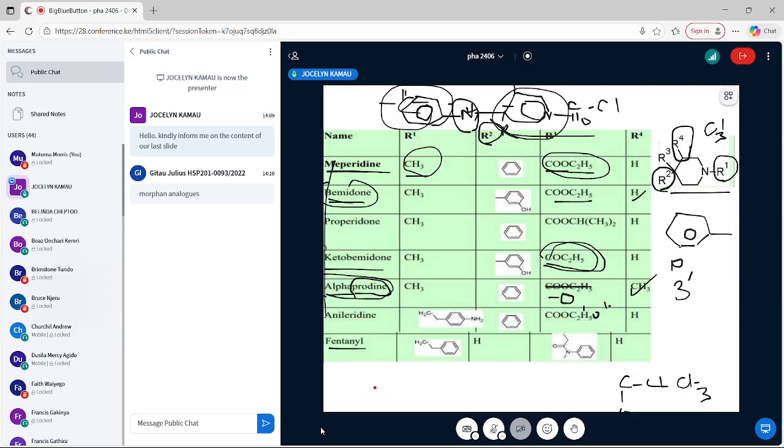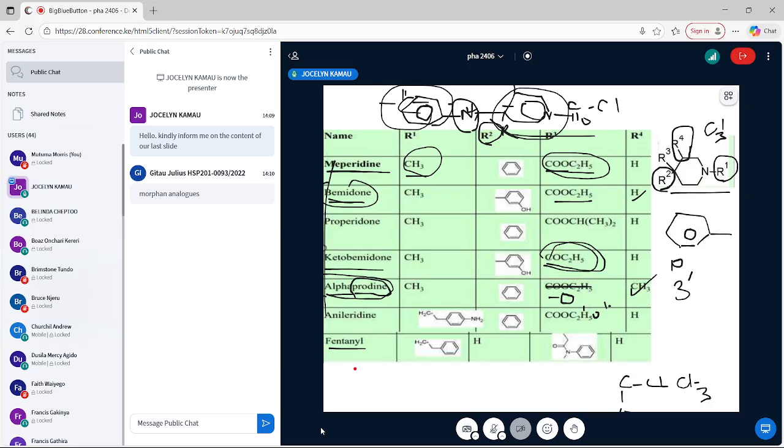So these ones have very high potency, and indeed these drugs are used as adjuncts to the general anesthetics in theater. And fentanyl, as I have said, is our prototype.